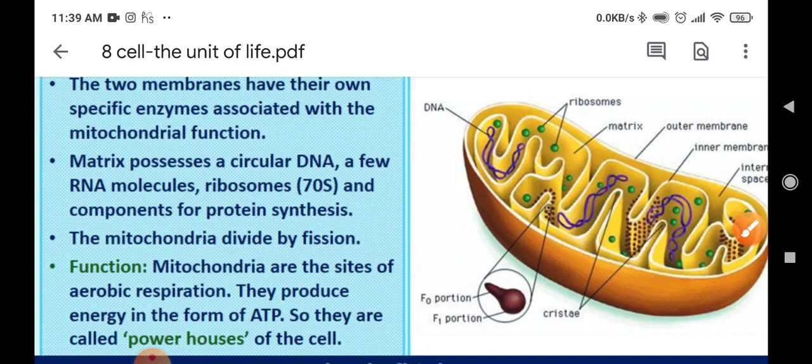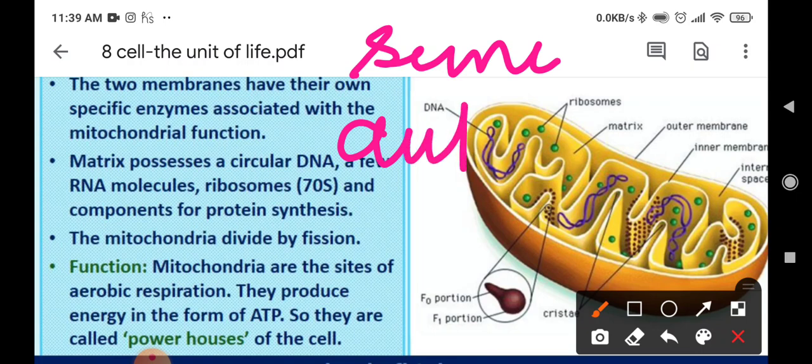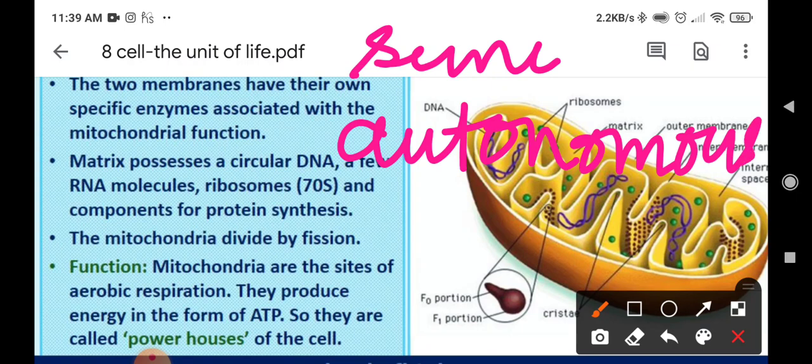Now there is another term. Due to the presence of DNA, they are also known as semi autonomous structures. Because they have their own DNA, they can divide also.